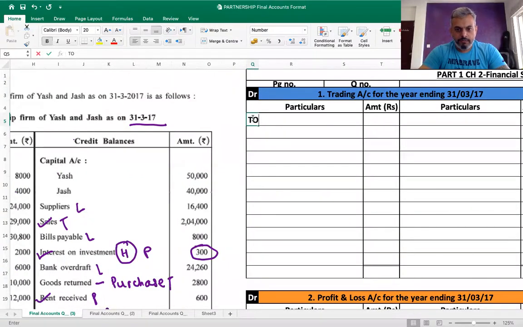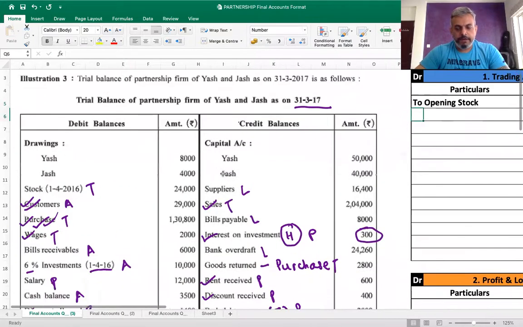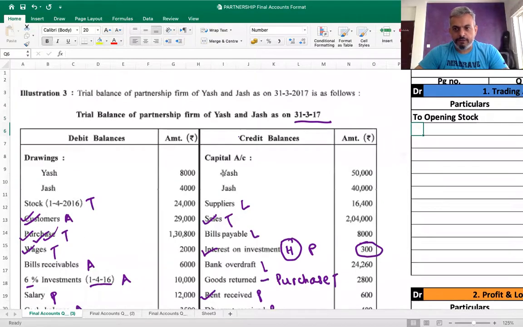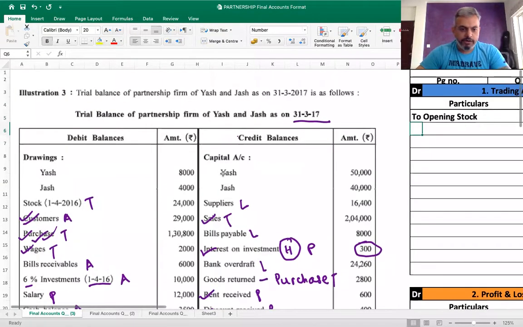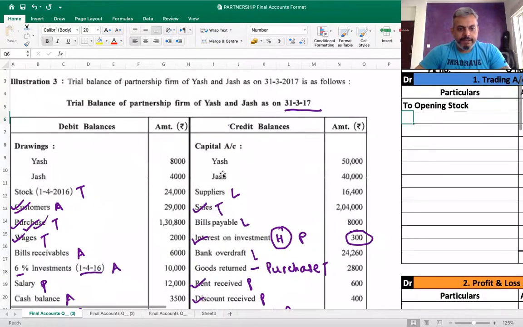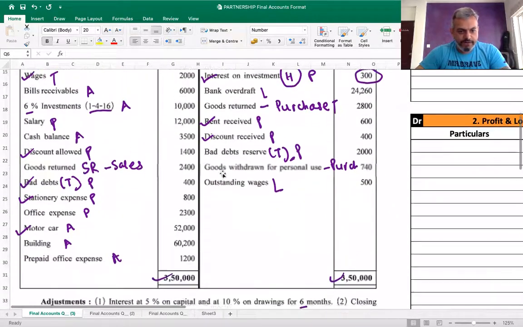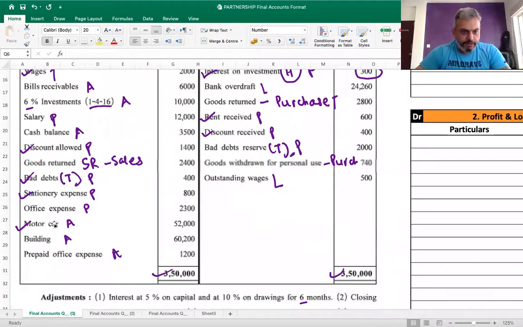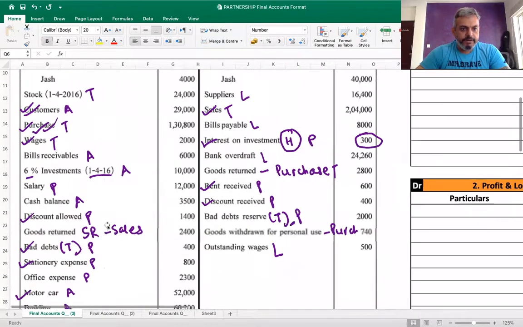Opening stock 24,000. In the trading account, the first item will always be opening stock. Then customers. Now in fixed assets, what do we have? Motor car, building, investment.